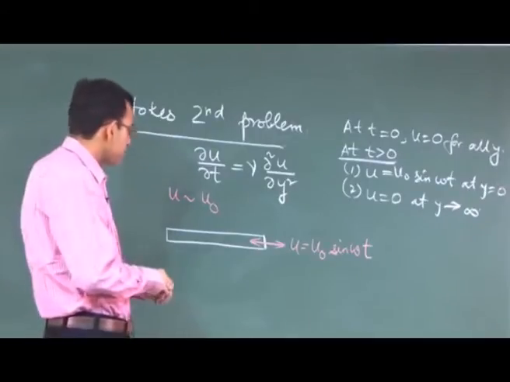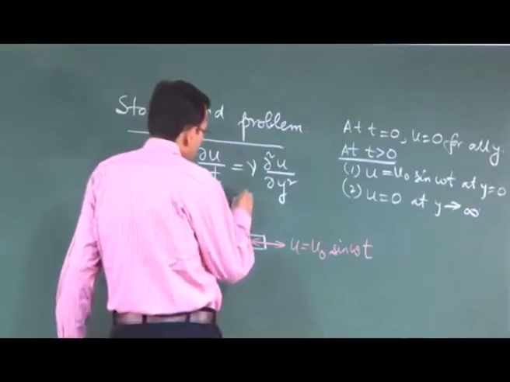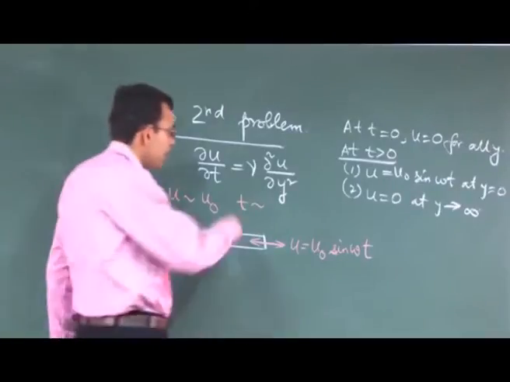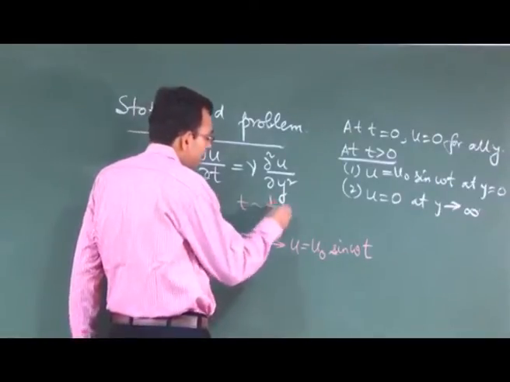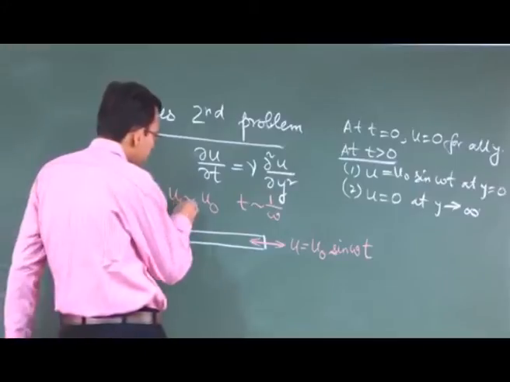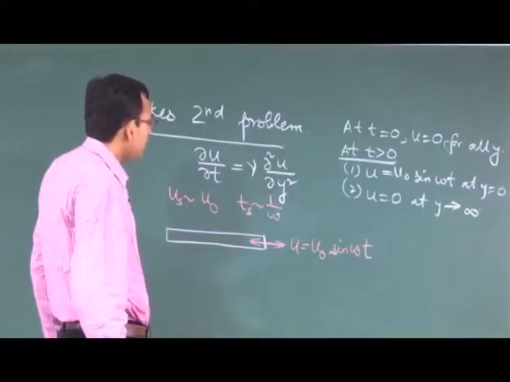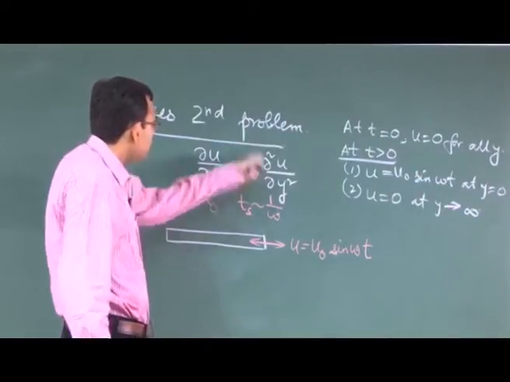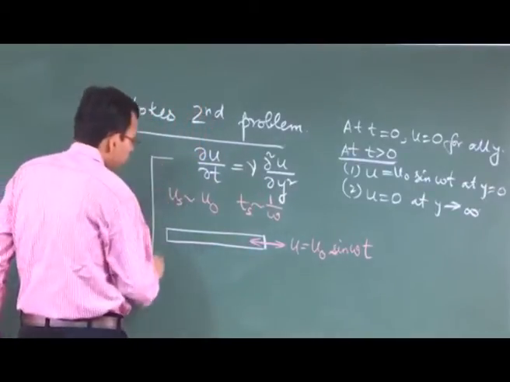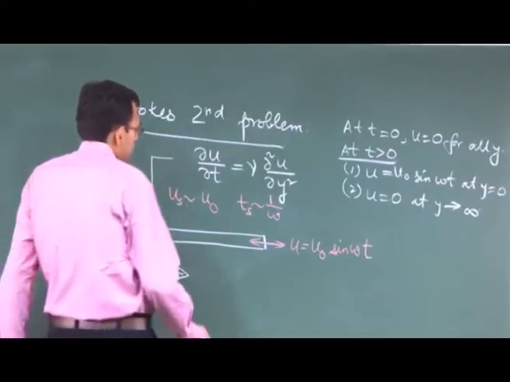So, u scales with u0, and t scales with the time scale imposed on the problem, which will govern the physics of the problem. So, Ts scales with 1 by omega. Let us write Us and Ts. Now, from a scaling analysis of this equation you will understand what the y scale is.